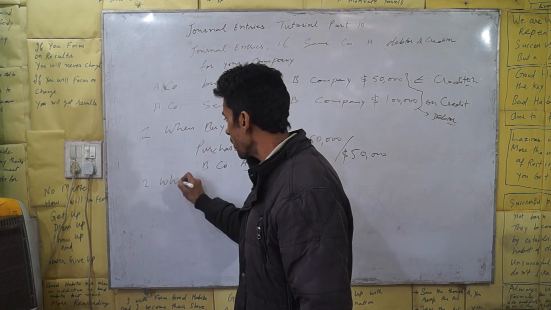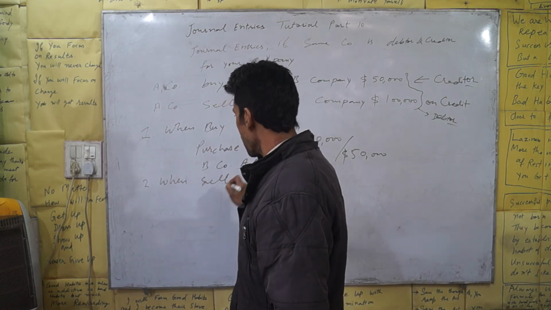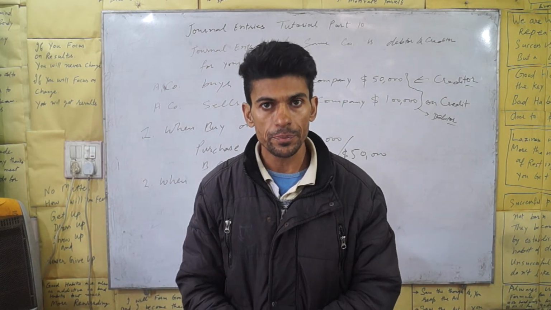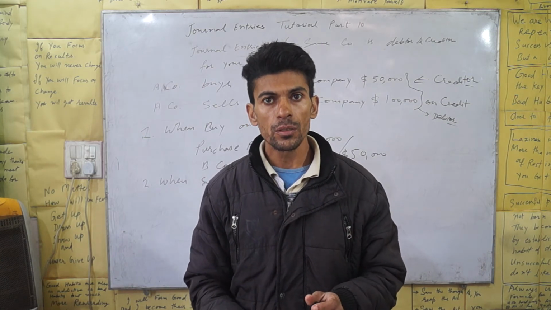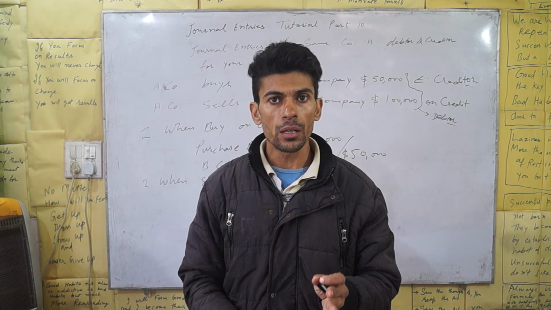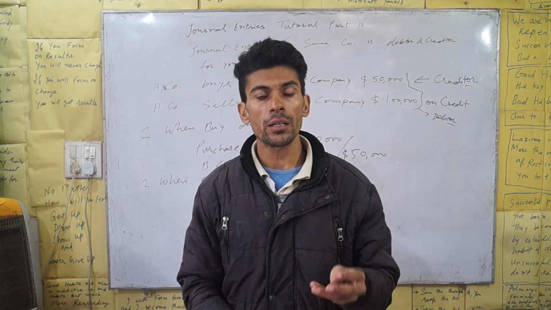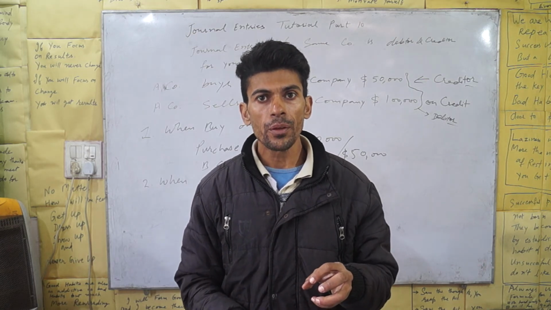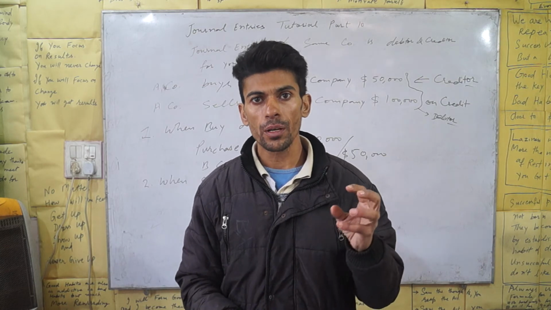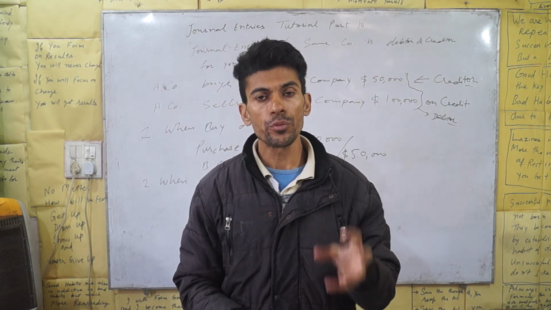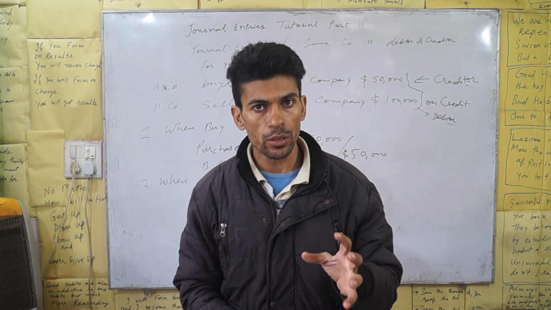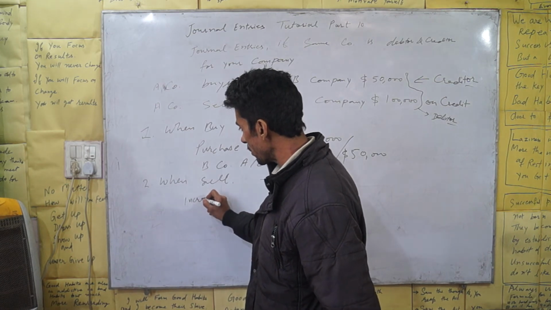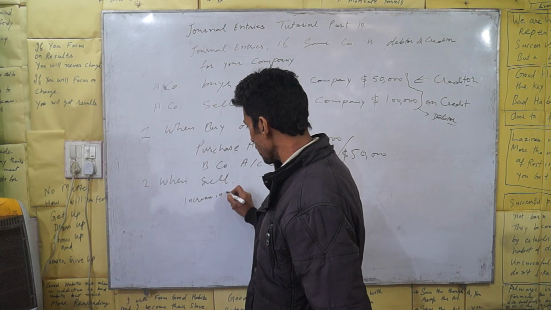Next, when we sell, at that time B company is our debtor. He has to pay the money. Okay, because he has to give the same money, and it is our responsibility to get money from B. We have to get the money from B, so it is an increase in the asset.